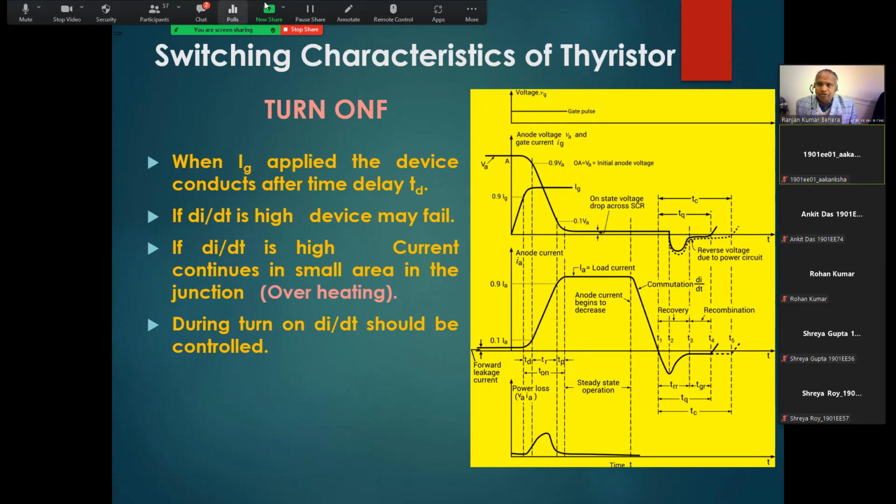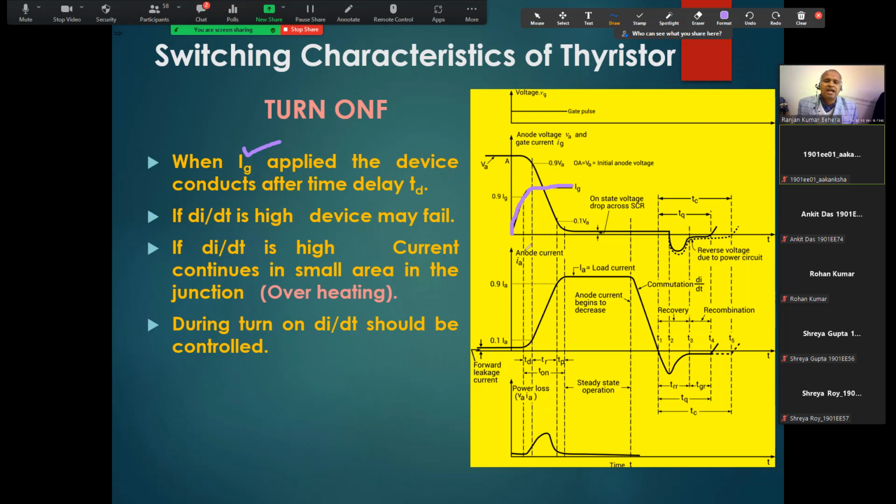So we are seeing here the switching characteristics of the thyristor. Switching characteristics means the turning on and turning off. When a positive gate current is applied, the device conducts after a time delay Td. I am just drawing over that Ig.